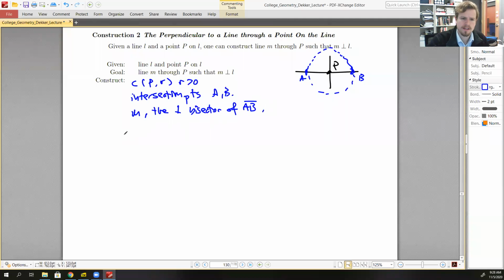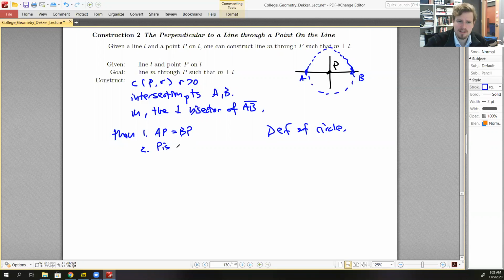So notice if we want to justify why this is the perpendicular through P, we notice, first of all, that AP is equal to BP by the definition of a circle. And then the next thing is that P is on the perpendicular bisector of AB by the perpendicular bisector theorem.